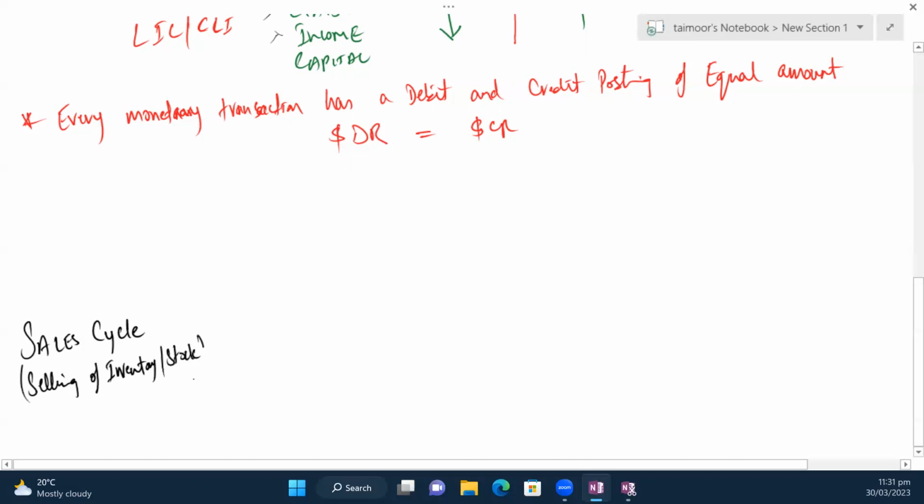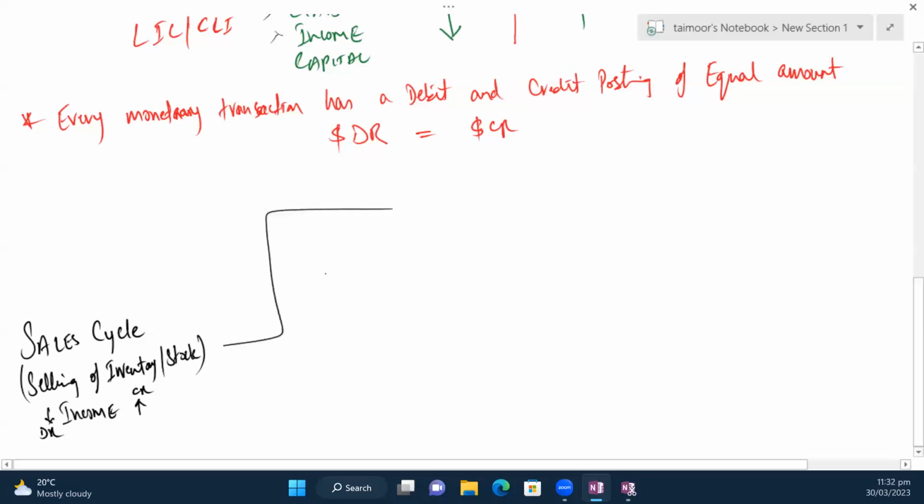So sales is an income. Income जब increase होगी तो credit, decrease होगी तो debit. ठीक है जी. जब भी आप किसी को गुड सेल करेंगे तो that's an income, increase in income. If those goods are returned back to you, that is sales return, तो income will decrease. ठीक है.